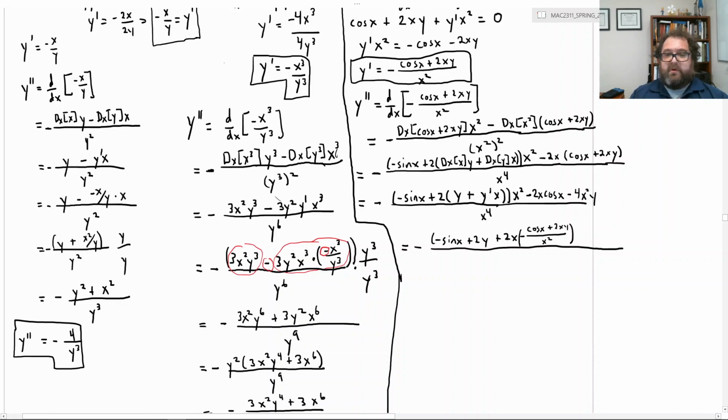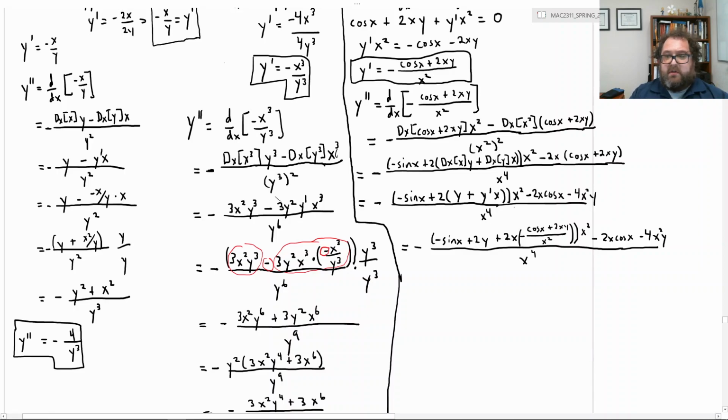I plugged in what we know y prime is, negative cosine x plus 2xy over x squared. Okay, that is all still times x squared. And then I have this minus 2x cosine x minus 4x squared y all over x to the fourth.